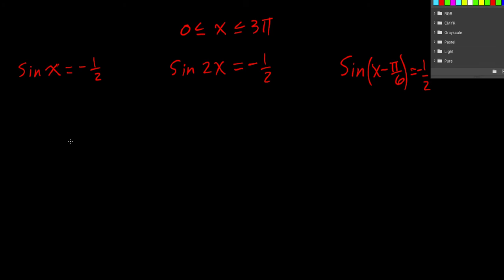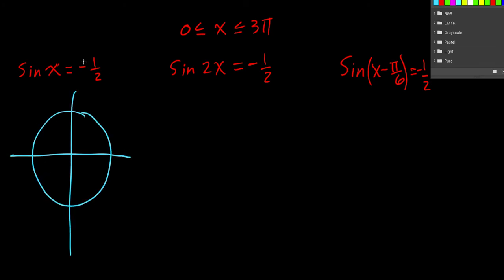Okay, so the first one's going to be pretty straightforward, I think. So remember, sine is a y value, what we're looking for. And if we look at this one, we have square root of 3 over 2, 1/2. So that has our y value that's 1/2, but we wanted a -1/2.